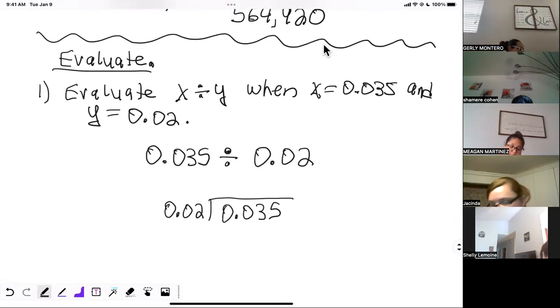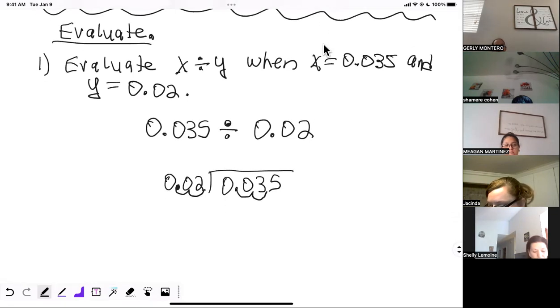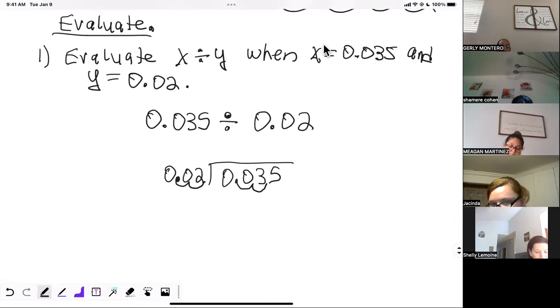Now see how there are decimal places here? I got to make it a whole number. So I have to go all the way to the end, which is 2 decimal places, which means I have to move this one also 2 decimal places. So if I rewrite it, 2 is here and 3.5 is here. This doesn't look like a bad problem at all.